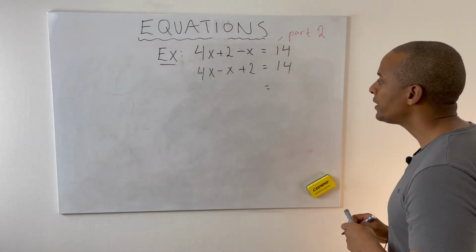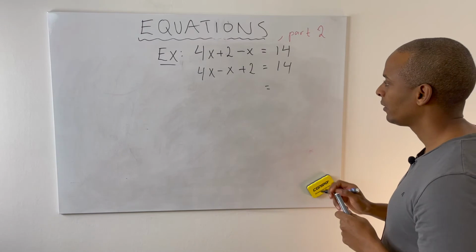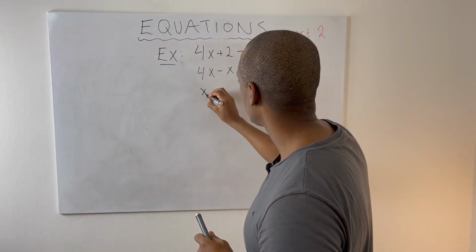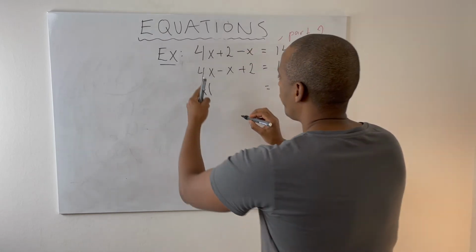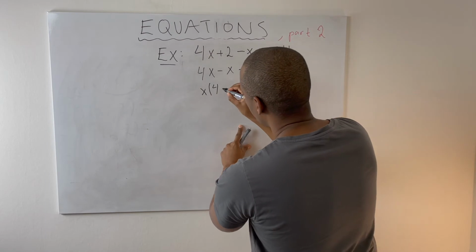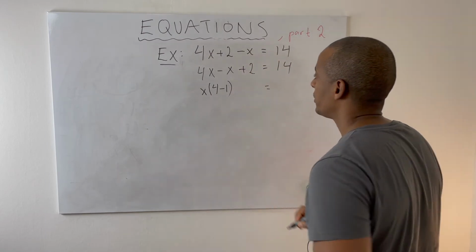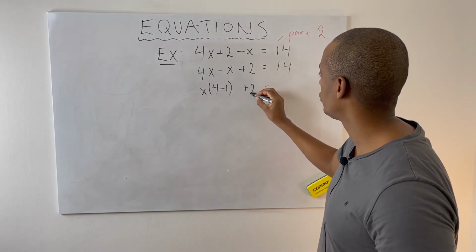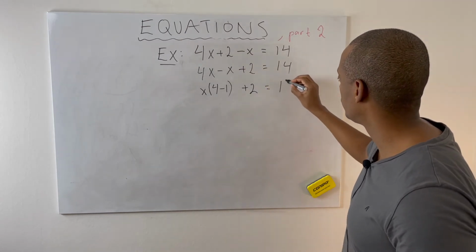Well, what we do is we factorize. We write x like this. And then here we have 4. And here we have minus 1. That's how we do it. And then plus 2 is equal to 14.